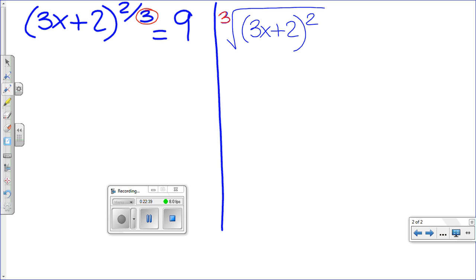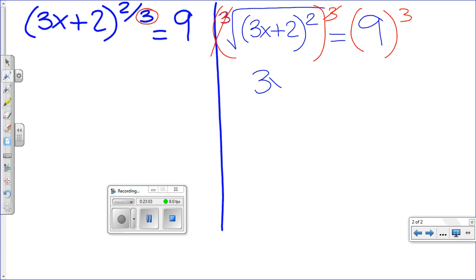So in this case, I know it's a cube root. So if we say that that is equal to 9, how would you undo a cube? And the answer to that question is you raise it to the third power. That will cancel out the cube root.